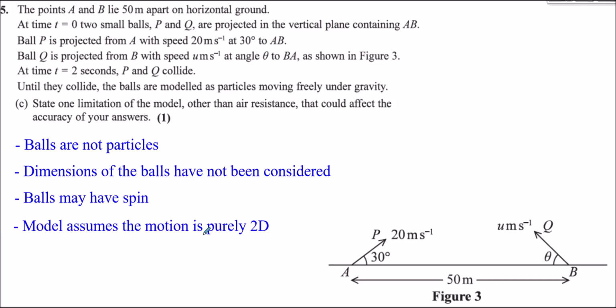We're assuming in the model that the motion's purely 2D. I know it mentions air resistance, you can't really say that, but there might be wind blowing them off course. So wind is a bit different to air resistance, but no motion involving something moving through air is ever going to be purely 2D. It's going to blow back and forth even to a slight amount. So one of these 4 points would suffice.